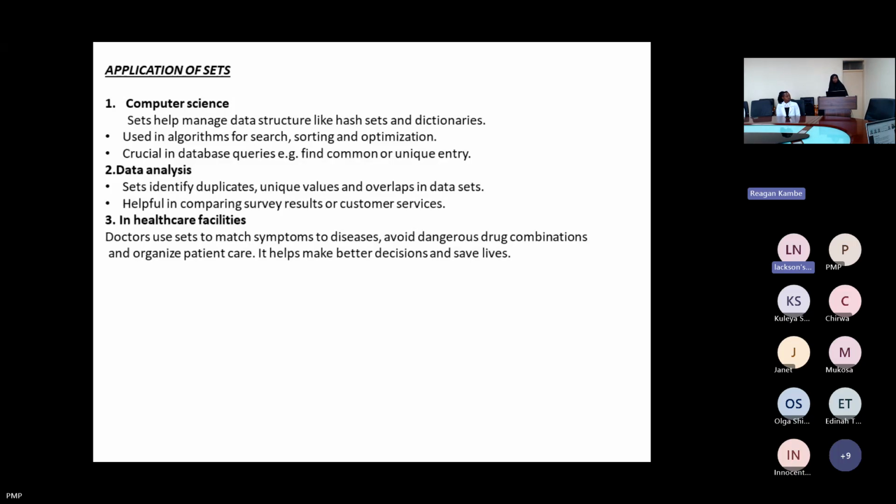Sets identify duplicates, unique values, and overlaps in datasets. They are helpful in comparing surveys, results, or customer service. Third, healthcare. In healthcare facilities, doctors use sets to match symptoms to diseases, avoid dangerous drug combinations, and organize patient care. It helps make better decisions and save lives.